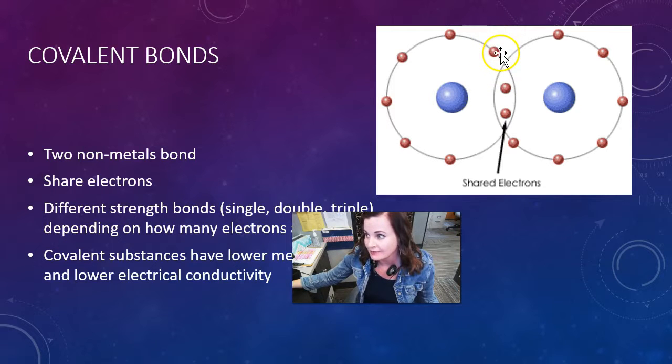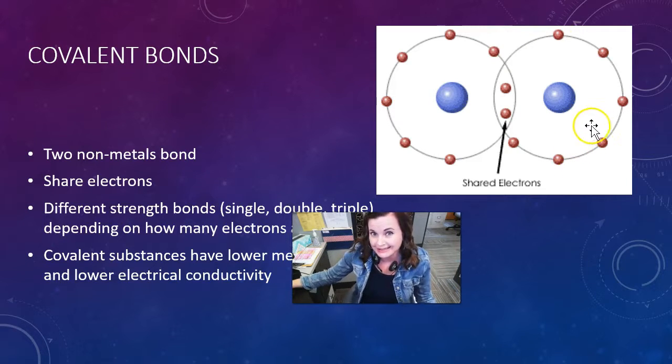So here we have 6 valence electrons in this particular atom, which I think is oxygen, and 6 in this one. And 2 of them are being shared between the 2 atoms. So that gives the atom on the left 8 and the atom on the right 8.